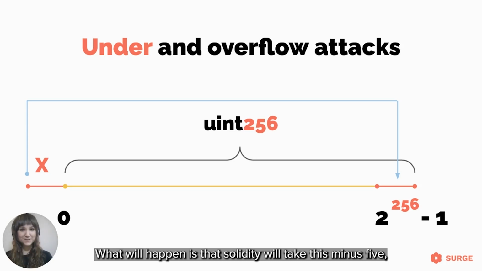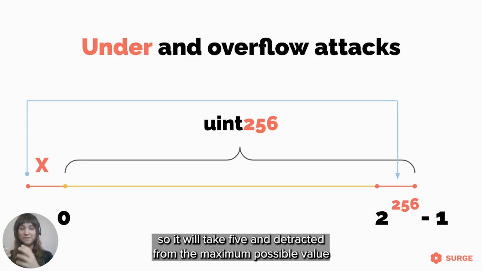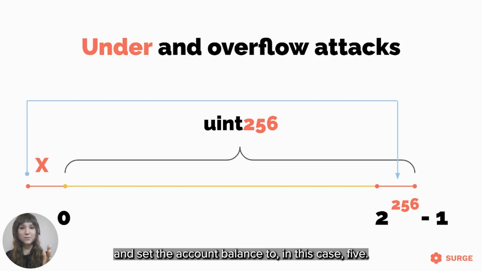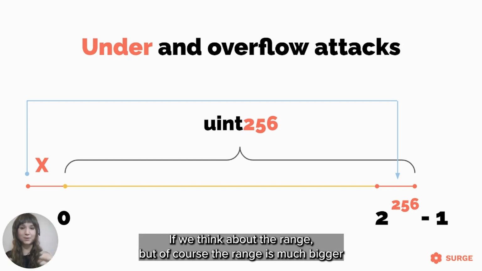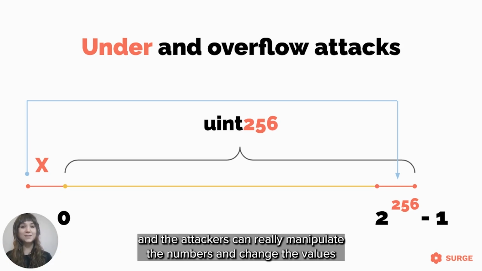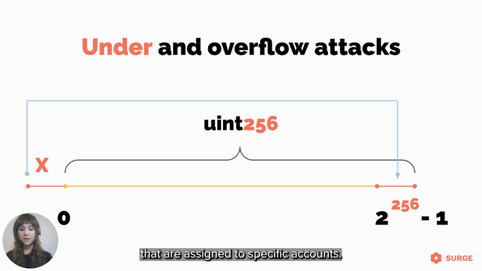What will happen is that Solidity will take this -5, so it will take 5, and detract it from the maximal possible value and set the account balance to, in this case, 5, if we think about the range. But of course, the range is much bigger, and the attackers can really manipulate the numbers and change the values that are assigned to specific accounts.